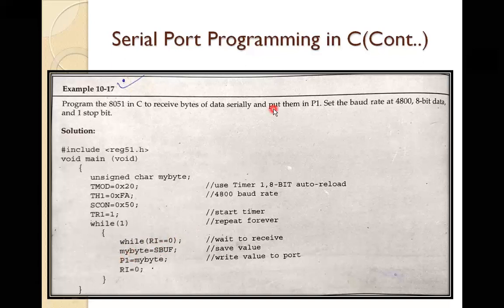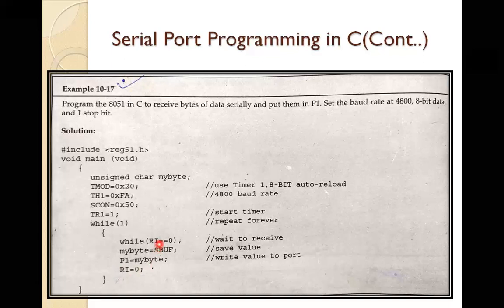But our requirement is to put it in P1, that is on port P1. If your port is connected with an LCD, then we have to display this value received in the 8051. So here again P1 is equal to mybyte. Whatever value is available in the SBUF register when we receive, we place this value in P1. Okay. And only after this, use the instruction RI equal to 0.